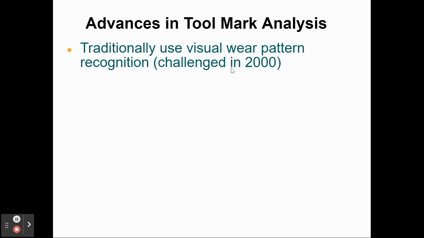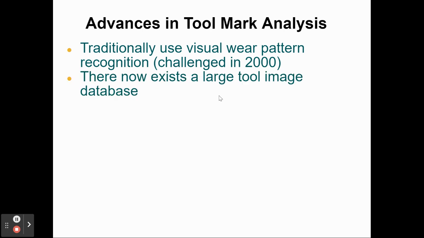Basically, the defense was able to create enough doubt that there wasn't enough scientific evidence to support just visual wear pattern analysis as being the standalone means of determining guilt. Basically, it was kind of impressive.